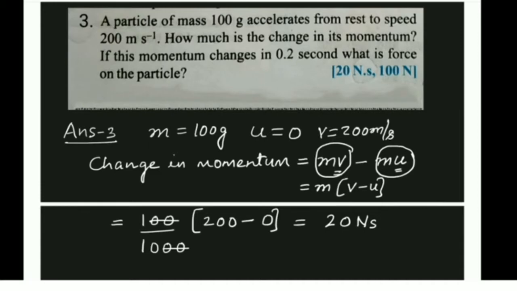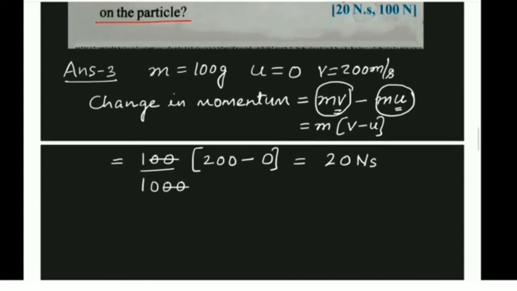Now in the second part, what they are asking for is the force on the particle. So here we will apply Newton's second law of motion formula. The formula is F equals m(v minus u) upon t.